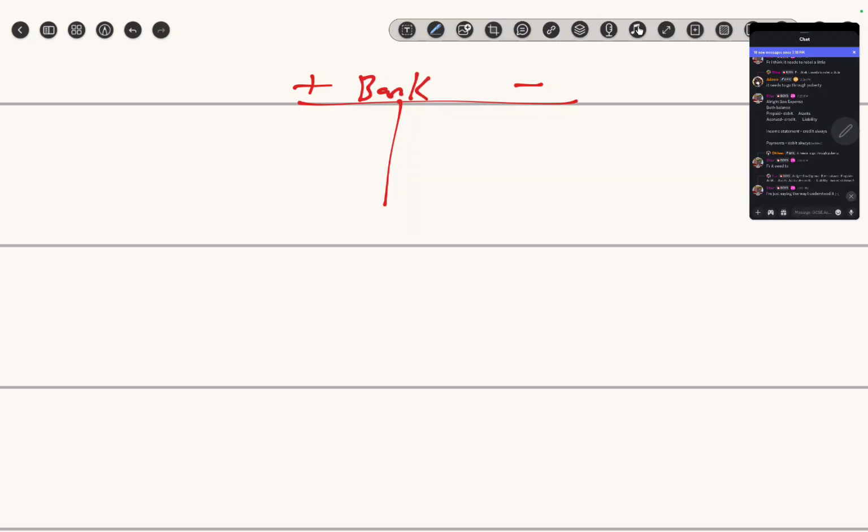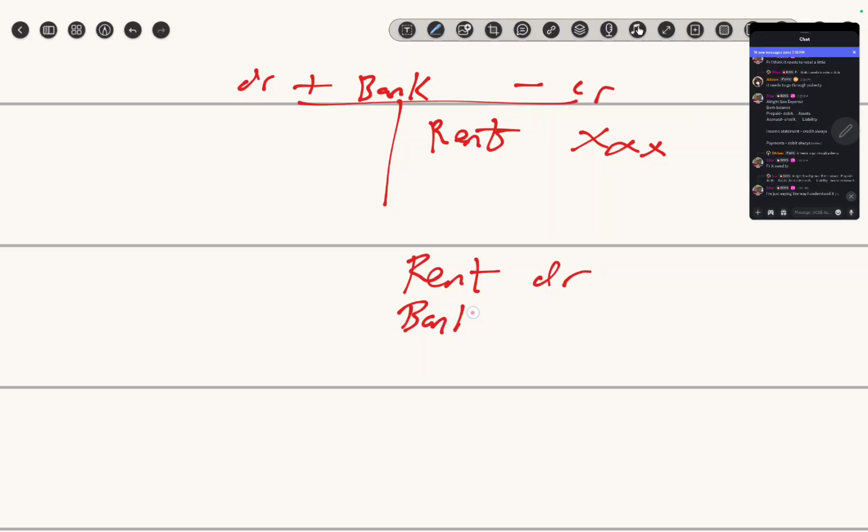When we reduce our bank balance, we record it on the credit side, and when we increase, we record it on the debit side. Now, when you pay your expenses, your bank balance reduces. So in your bank account, you're going to write rent, whatever amount, and this means that in your rent account, you're going to write bank on the debit side. So the rent account is debited and the bank account is credited. This is when you're paying rent by bank.